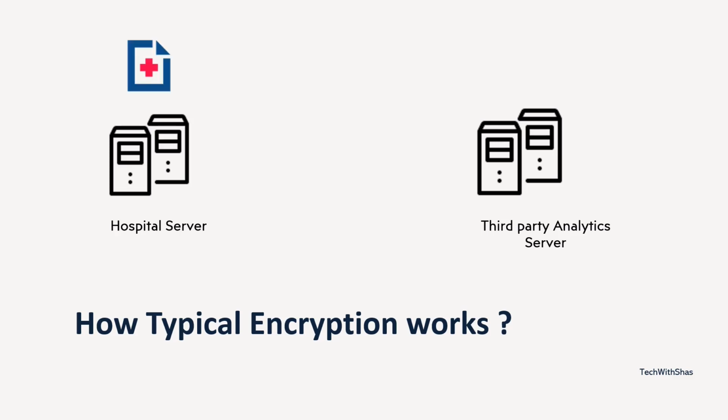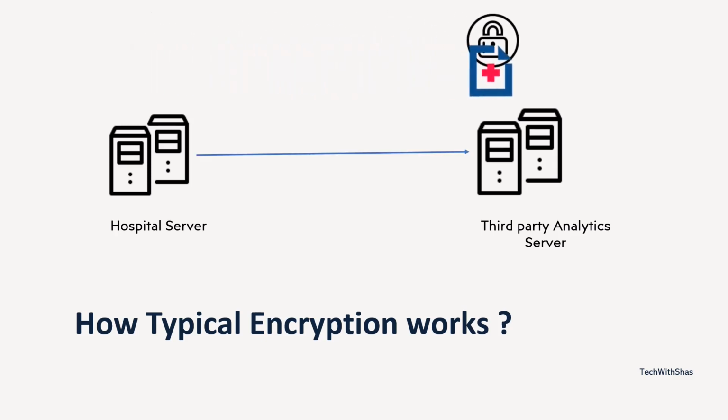The typical way is to encrypt that data using some encryption keys, then send it to the third-party analytics server. Now, the third-party server will decrypt that data and process it, whatever is required from the business point of view. But the same risk is also here, right?